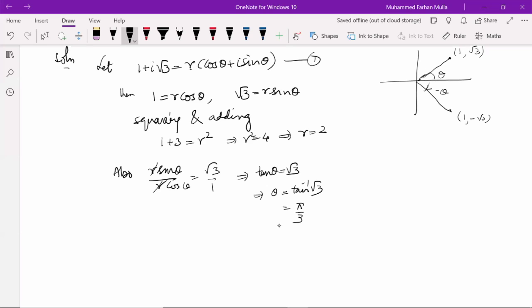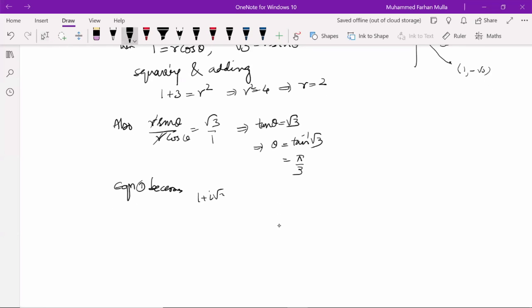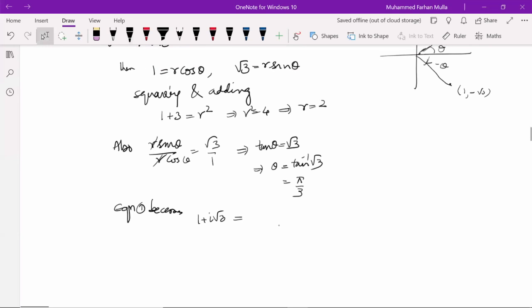So I substitute the value of r and theta in equation 1. So your equation 1 becomes 1 plus I root 3 equals 2 times cos pi by 3 plus I sin pi by 3.